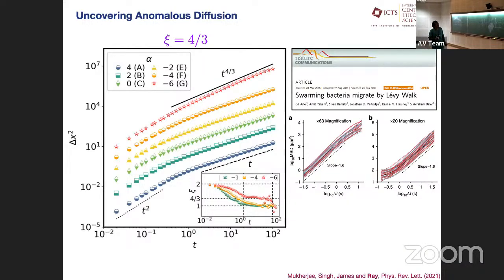The interesting thing was that when we found this, we looked around and found that an earlier work by Ariel and others from 2015 was one of the few experiments which claimed that they found superdiffusive trajectories in bacterial suspensions.